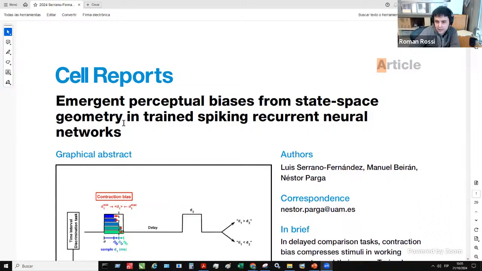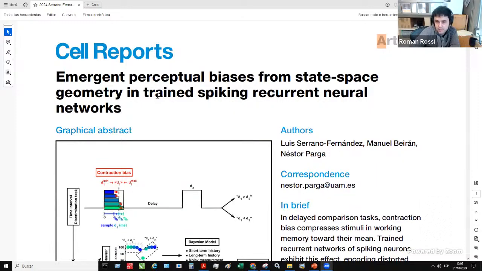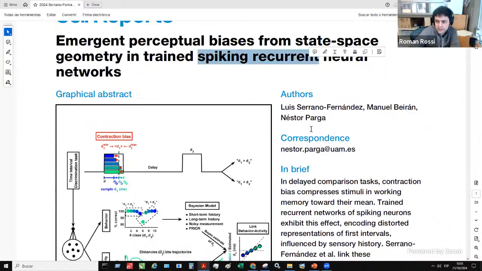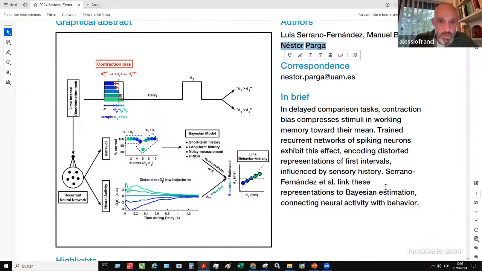Alessio, let me share something that I want to discuss. Something that you were talking about now, and we forgot to cite this paper in our last one. This one employs a spiking neuron, and it is made by Nestor and his colleagues.